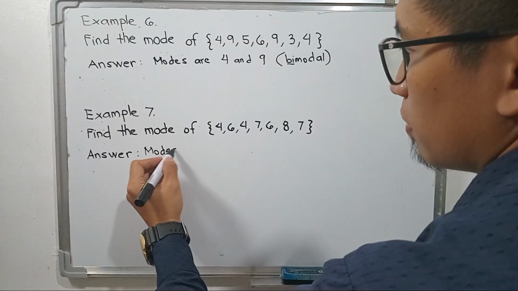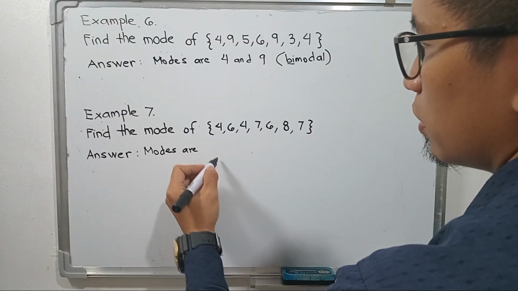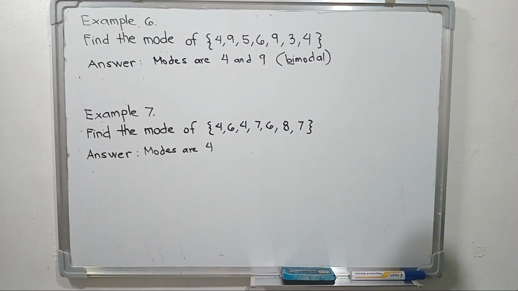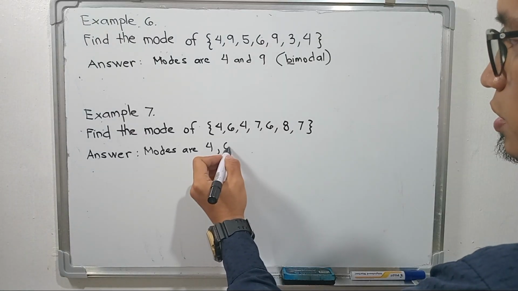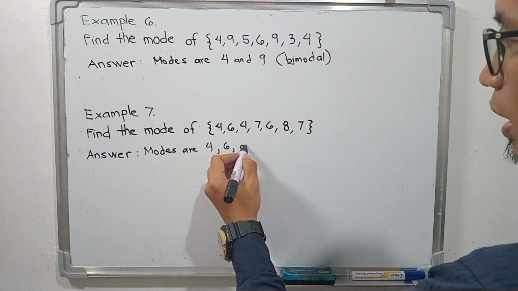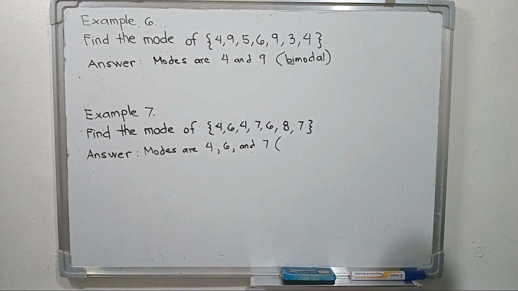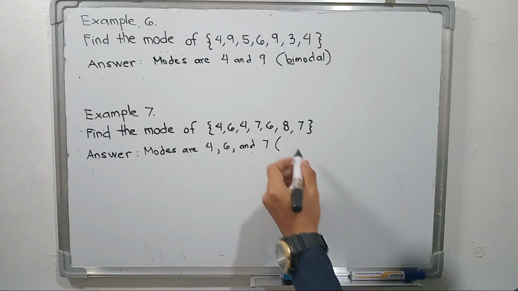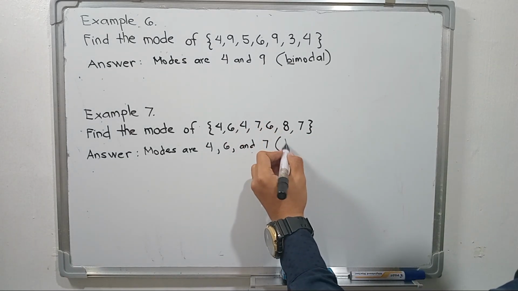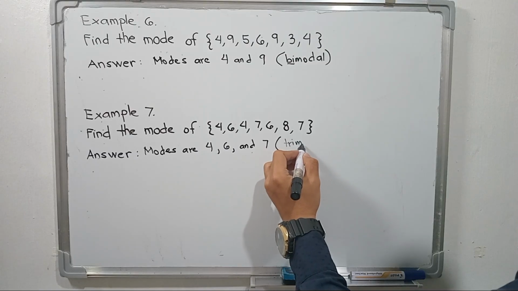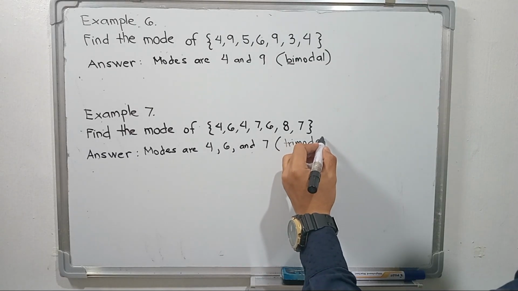Let's write it here. The modes are 4, what else? 6 and 7. So in this case we have 3 modes. So this data set is what we call trimodal. Let's write it here.